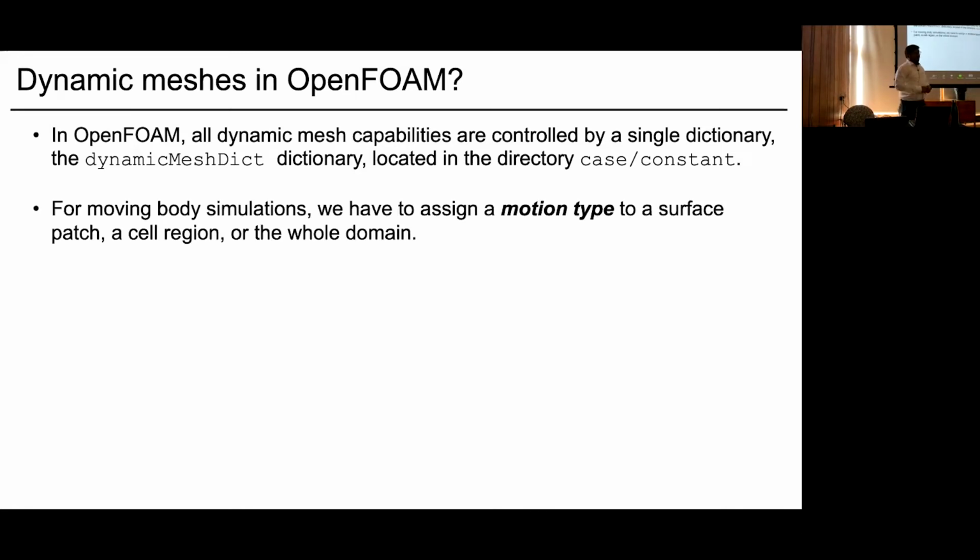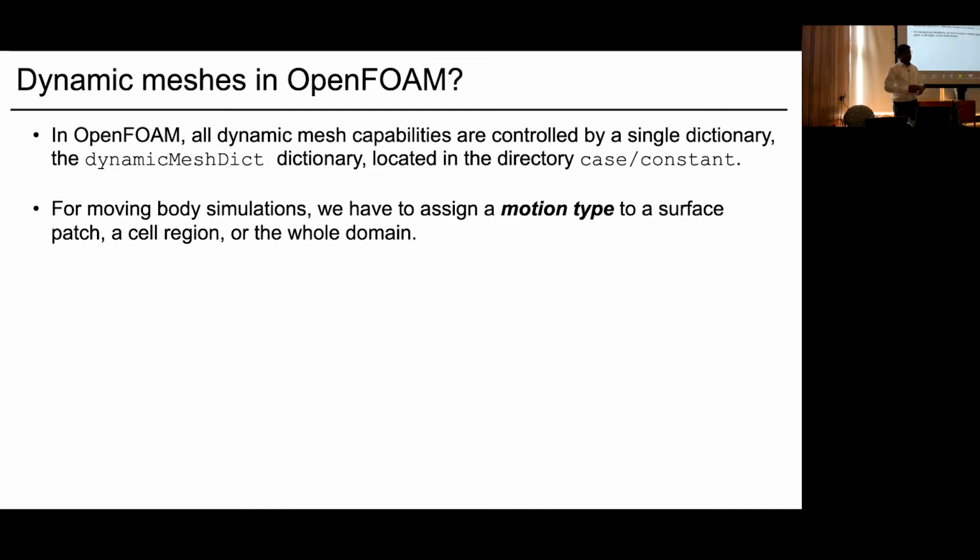This is also very intuitive: when we want to incorporate a mesh motion, we also have to define a particular body motion, and that body motion can be defined in different ways, depending on whether it is a prescribed motion or a fluid structure interaction motion. Sequentially, I'll show you some examples of both the prescribed motion and a fluid structure interaction problem.